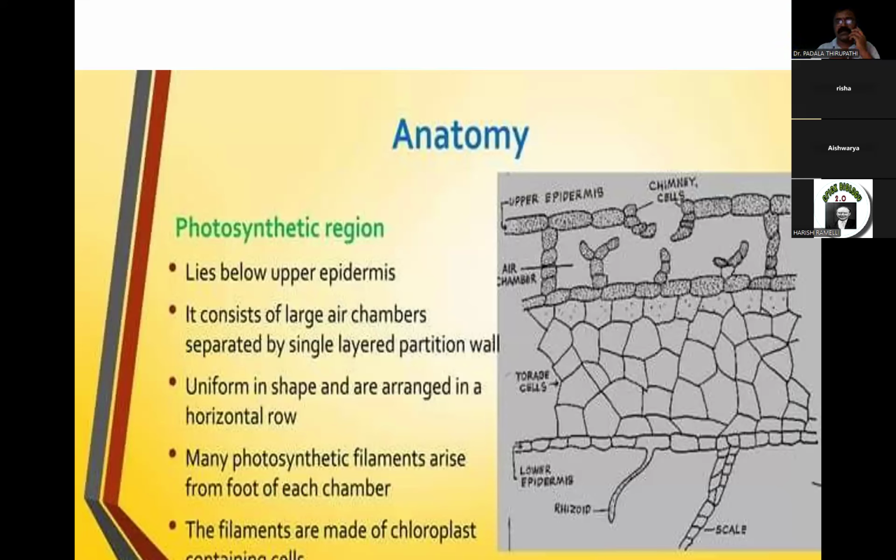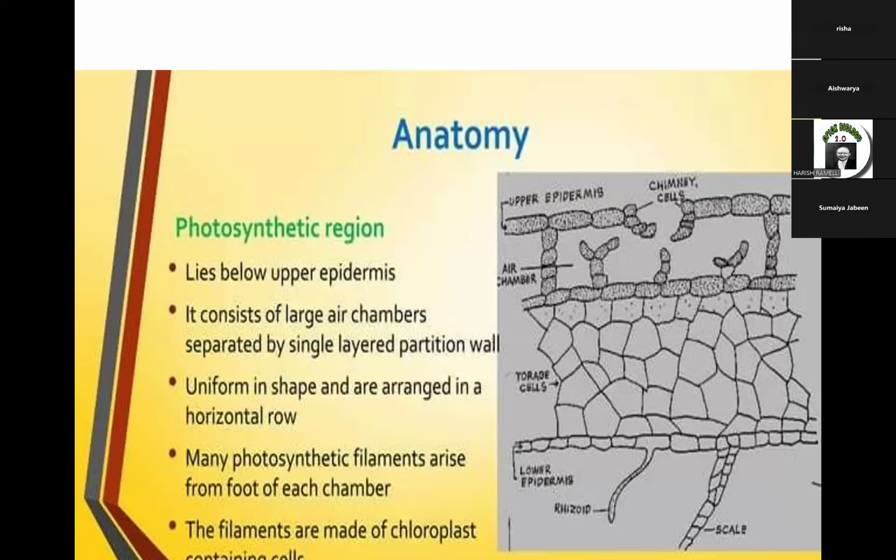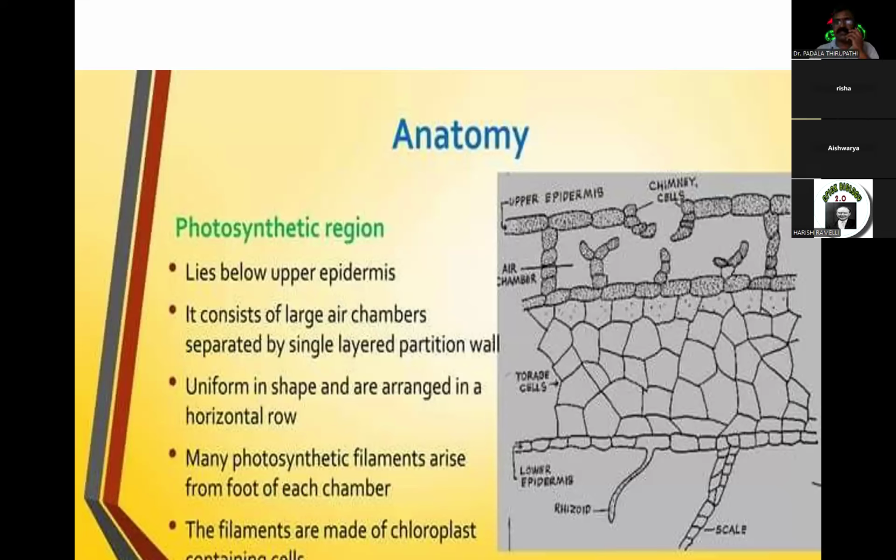It consists of large air chambers. In the epidermis, you are seeing the pores. These pores are opening, they enter into a chamber-like structure that is called an air chamber. So many air chambers will be there on the upper side, and in each air chamber, photosynthetic filamentous structures are present. It consists of large air chambers separated by single layered partition walls.